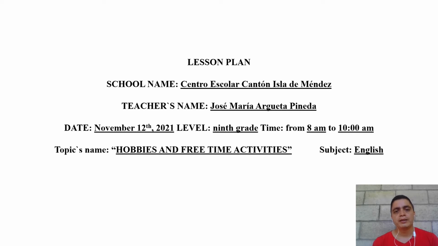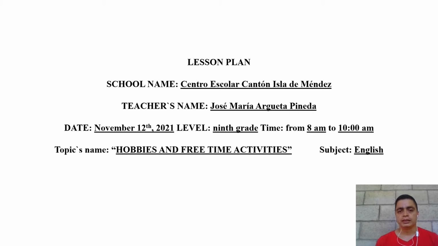Why ninth grade? Because those students need to practice the four skills: the speaking, the listening, reading, and writing. But in this case, I will apply just one activity per each skill.